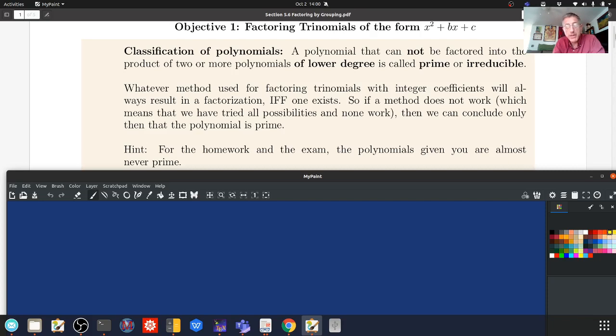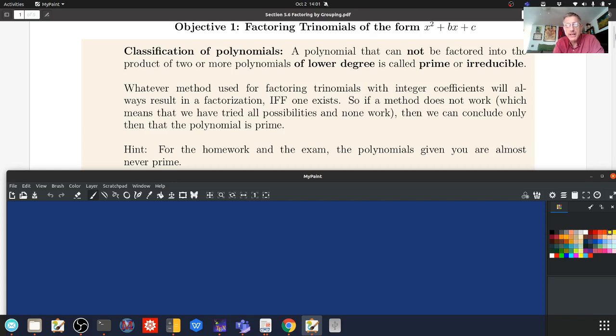So there's two major classifications. There's all kinds of classifications of polynomials: monomial, binomial, trinomial. Now I'm giving you two more: those which can be factored and those which cannot be factored. And when we factor them, we write them as a product of two or more polynomials of lower degree.